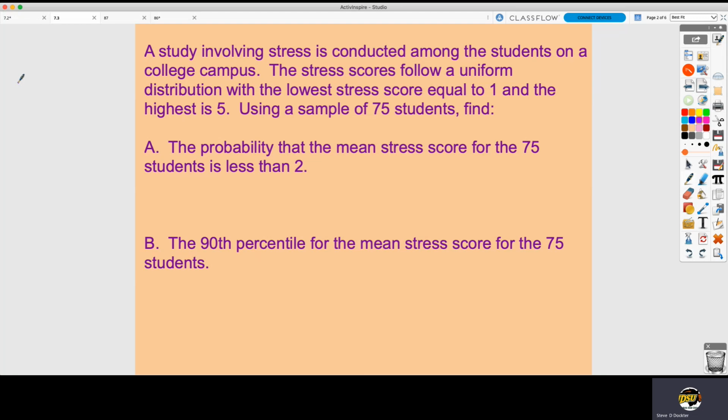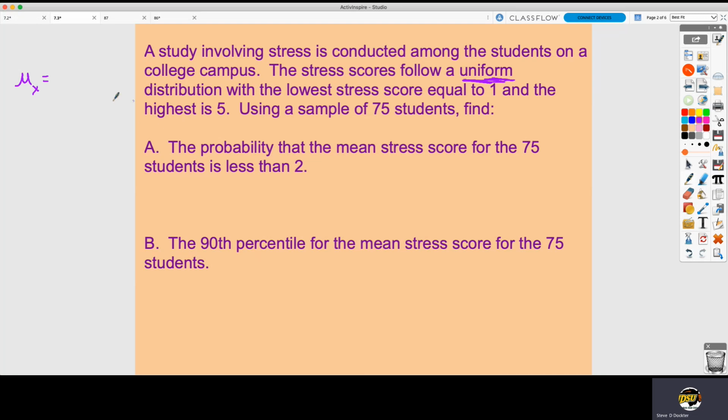Do we even know what the average is here? We're not told what it is, but we are told what kind of distribution. It's a uniform distribution here. So we've got to go back to those equations that we learned in, I believe it was chapter 5, to find our average here.